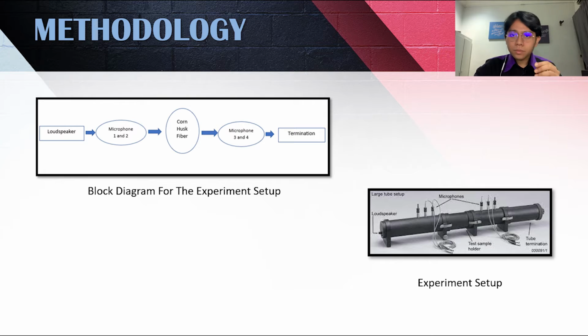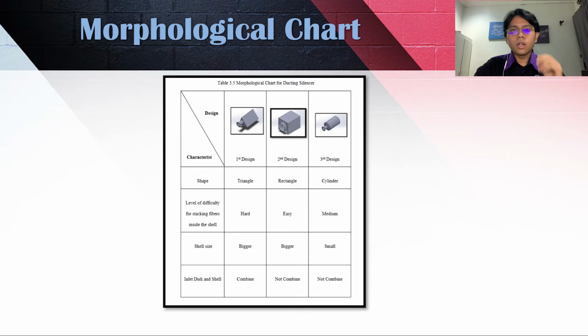And lastly, repeat this step with different thickness and arrangement of fiber, and all the data will be collected and transferred to the computer software. Okay, that is the figure of the experimental setup.